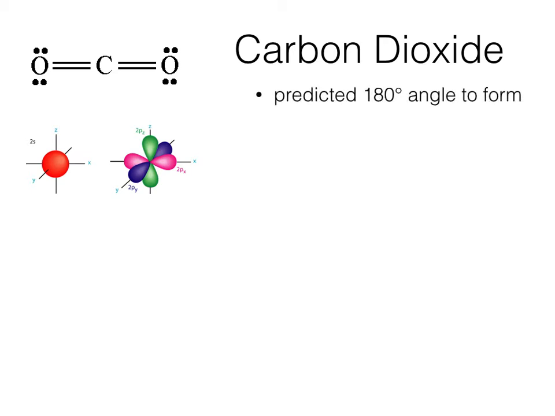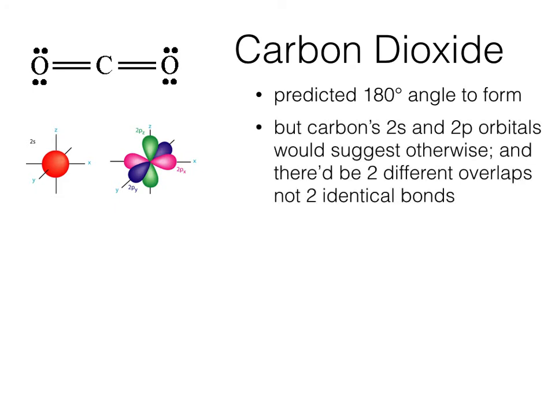The predicted 180-degree angle needs to form, but those original suborbitals we learned about in quantum mechanics are not going to allow for that 180-degree angle. And again, we won't get, in this case, two identical bonds.